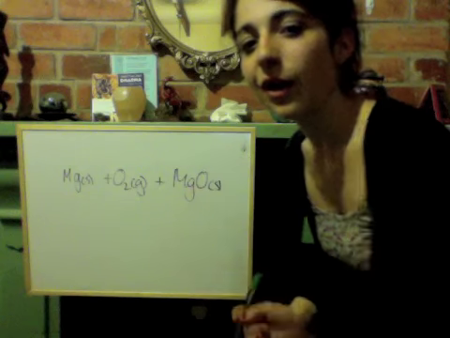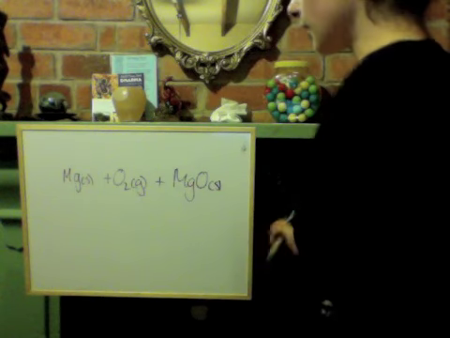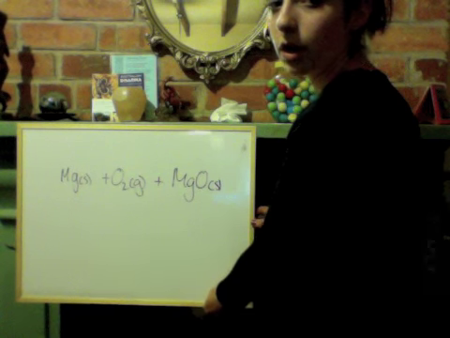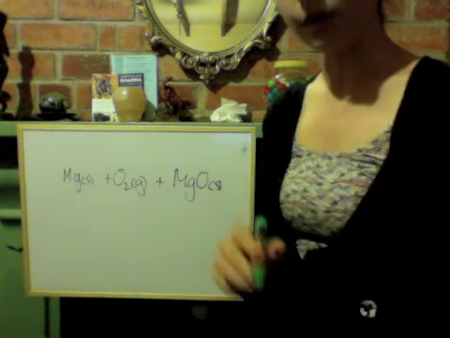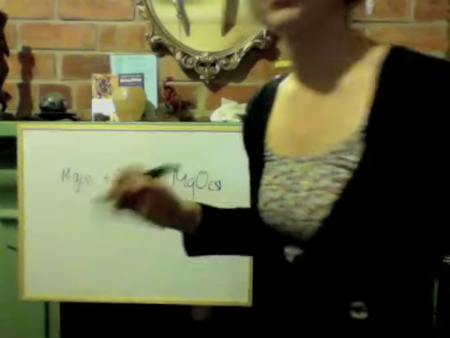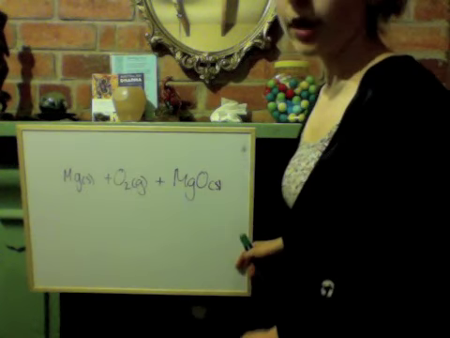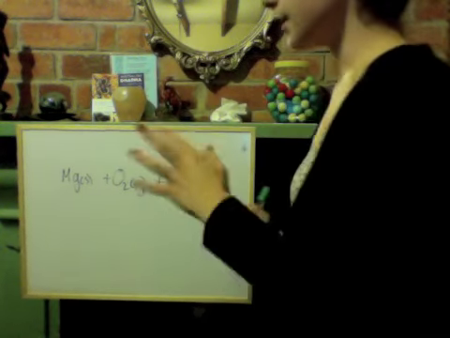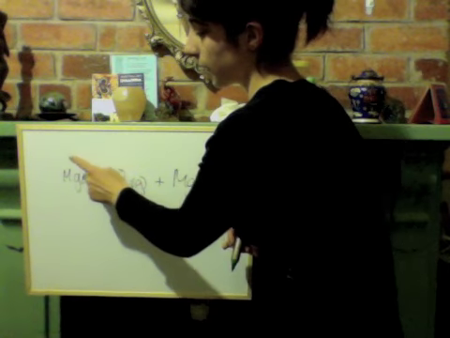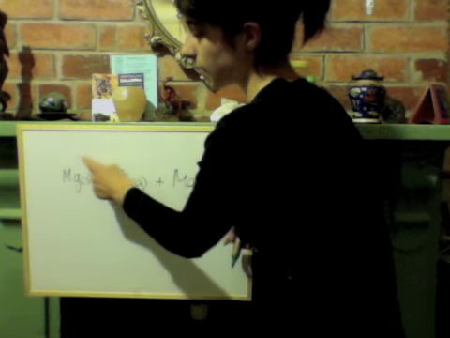Correct. Oxidation numbers. Okay, so we know that free elements have an oxidation number of 0. So magnesium will have an oxidation number of 0. Now the way I always keep track of oxidation numbers is I write down the oxidation number of each element at the top.